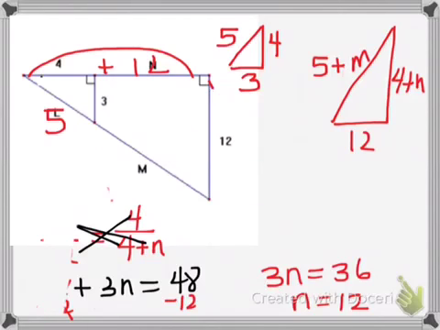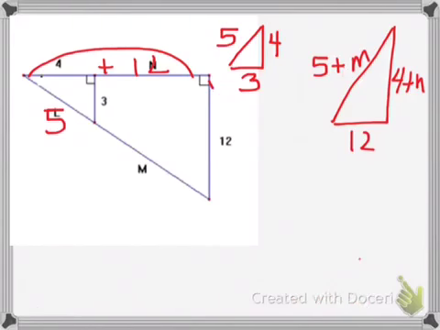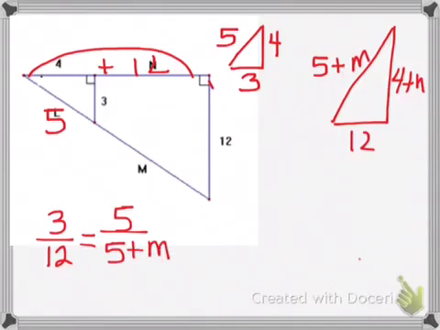Now the last thing I need to do is find out what m is. I'm going to say 3 over 12 equals 5 over 5 plus m. And then we'll cross multiply. So that's going to give me 3 times 5 is 15. 3 times m is 3m.